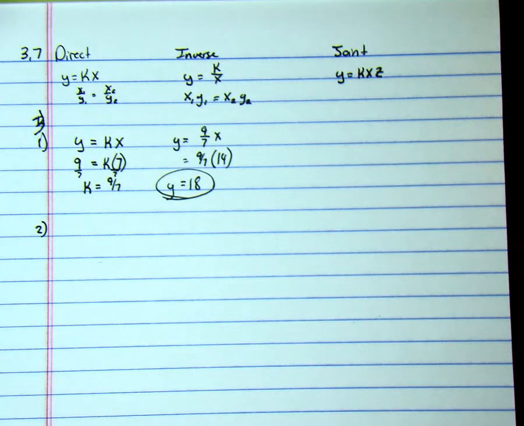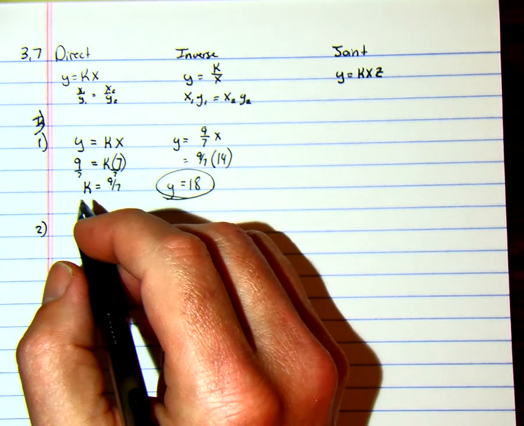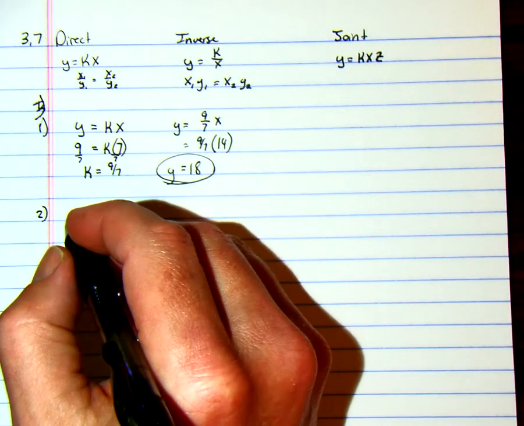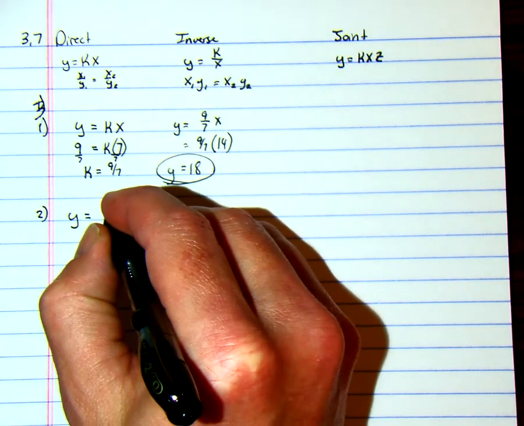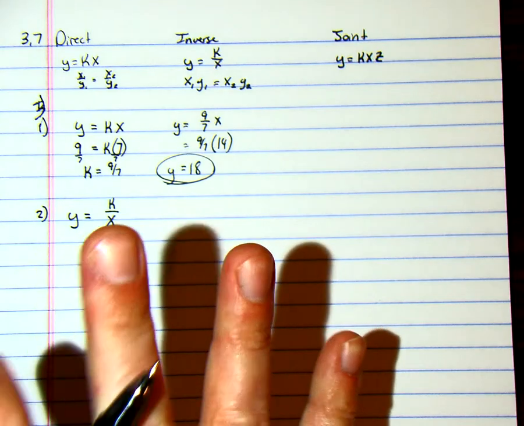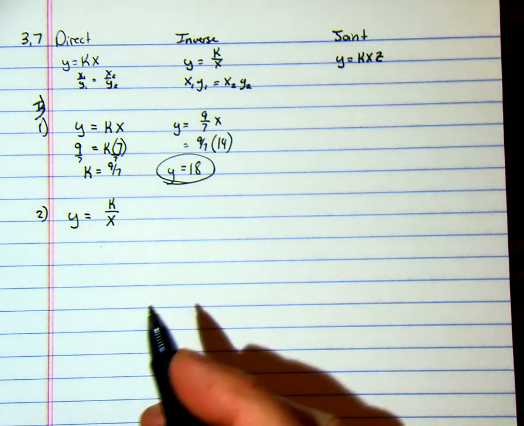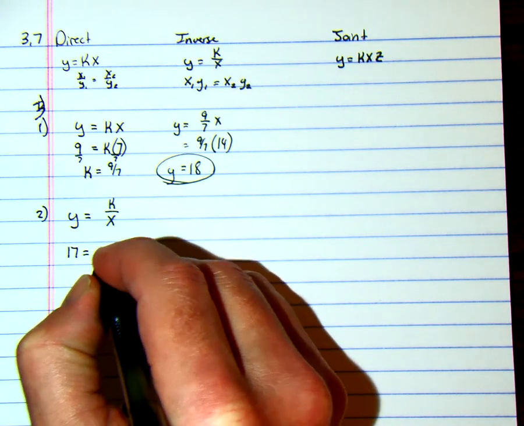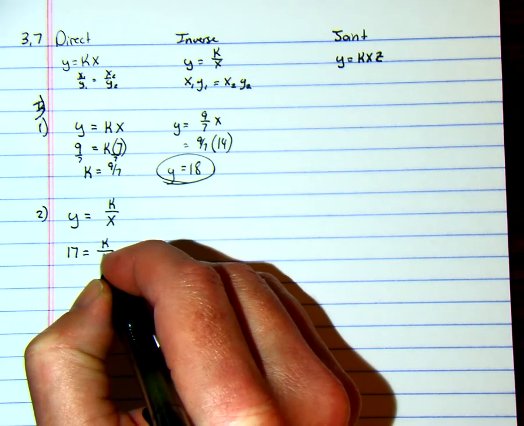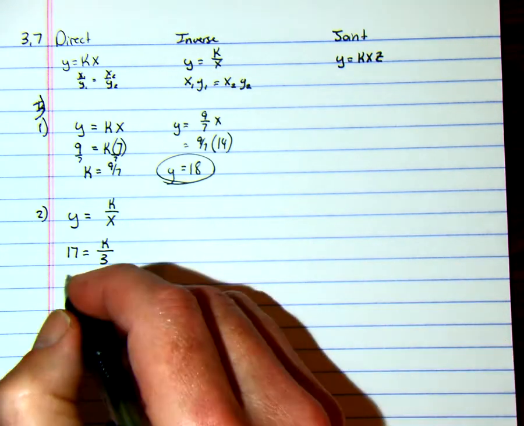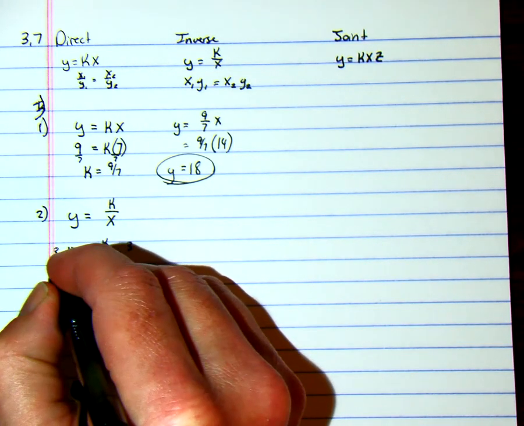Number 2. Again, I'm just going to read the question and write it down. Y varies inversely as x. So there we have it. We have an equation to start with. Now it's just dropping in the amounts that we know. And y equals 17 when x equals 3. Find y when x equals 9. So let's figure out what this constant of variation is. We're going to multiply by 3.